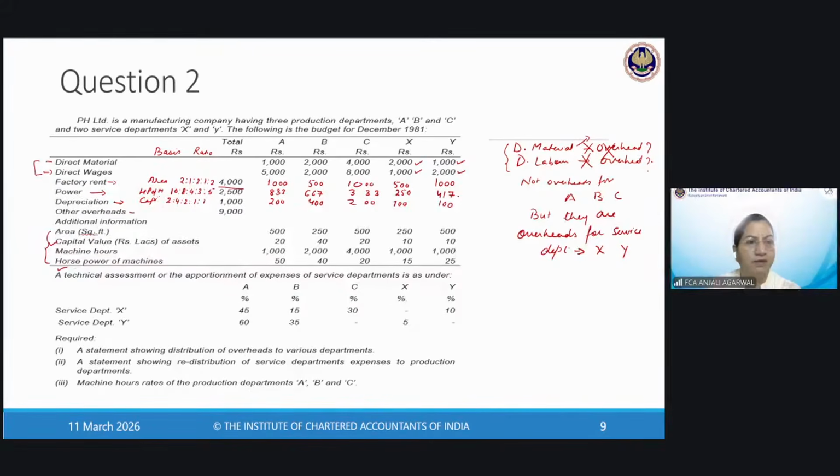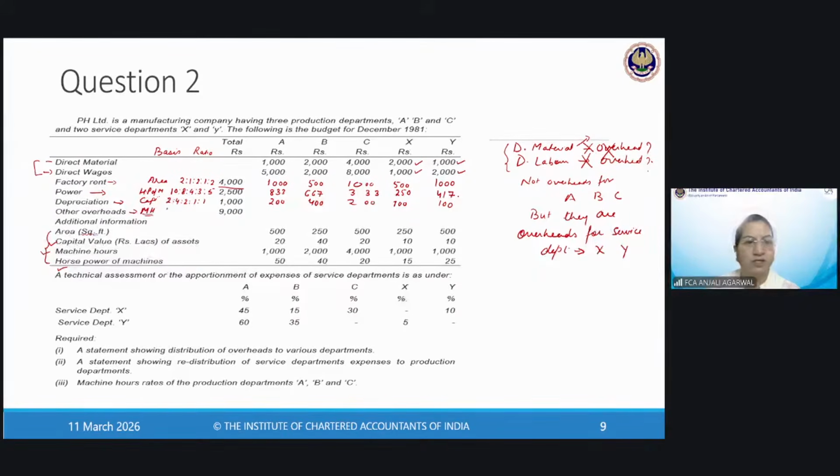Then you have some other overheads. Other overheads can be divided in the ratio of direct wages. But here we have some information which we have not used. So maybe you can assume that the overheads have a relation with the machine hours. Like we have seen in the past, there can be 5 bases, 6 bases. So for other overheads, I might use machine hours and I'll give a note why I'm using machine hours.